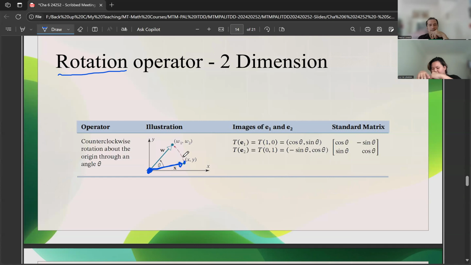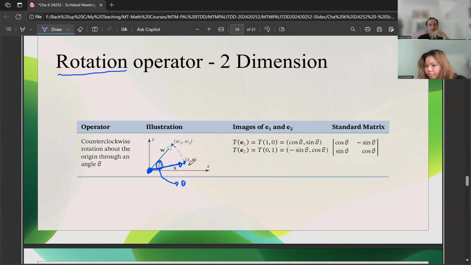We rotate the terminal point. So this terminal point will be rotated according to the angle. Jadi diputar terhadap sudut tertentu. This angle is called theta.